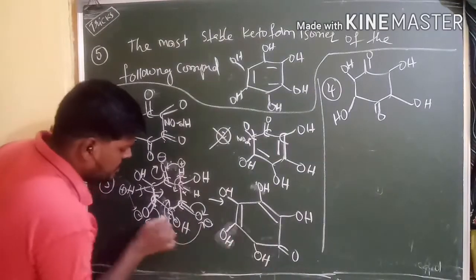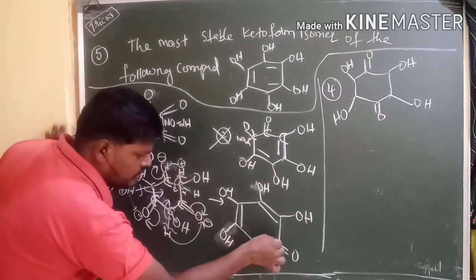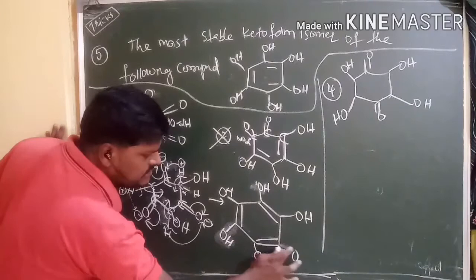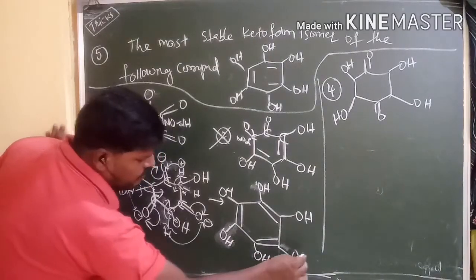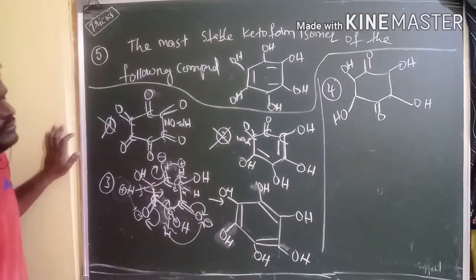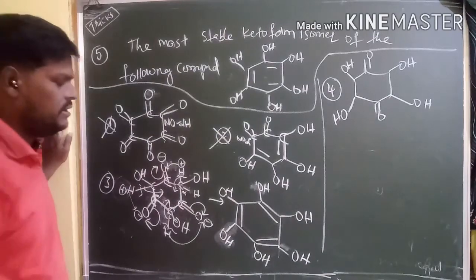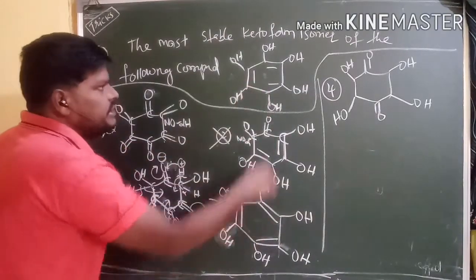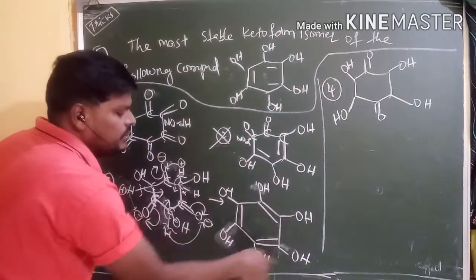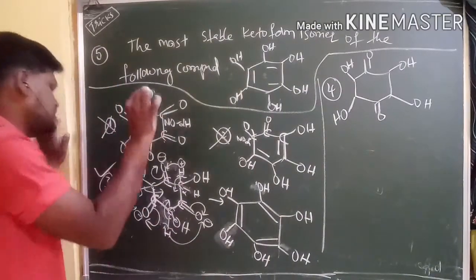And in the next step, a bond appears here, and this will get OH, right? So benzene with all OH. So the third option is the correct answer.